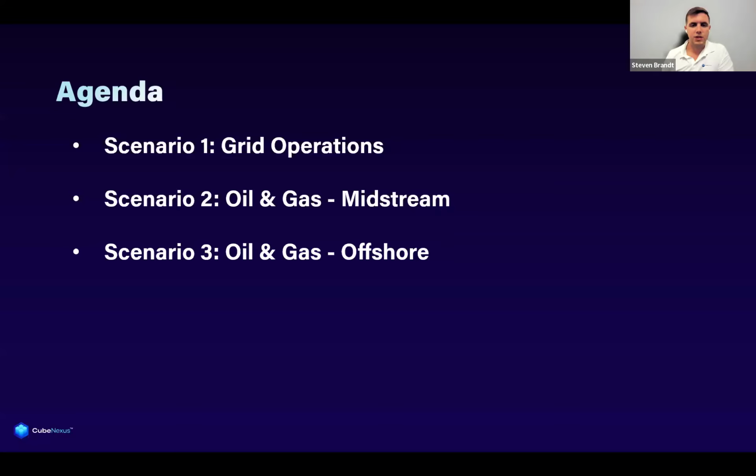So wanted to give a midstream example from a pipeline management company and then an offshore example as well, the type of queries, insights, and visualizations that we could see if we had the data structured into the CubeNexus system and users in those companies were using the Decision Intelligence Suite.